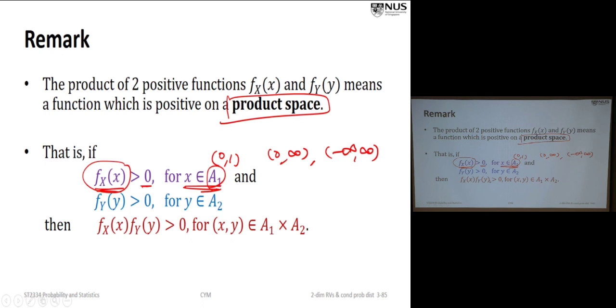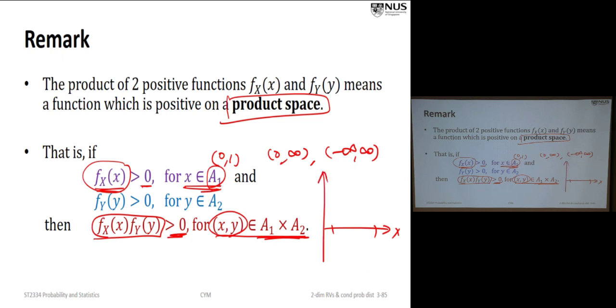Then, when we take the product of the two bigger than 0, it's supposed to be valid, all right, for any point xy over the product space. What does it mean? It means that if x over this region, the PDF is bigger than 0. The f of x is bigger than 0.